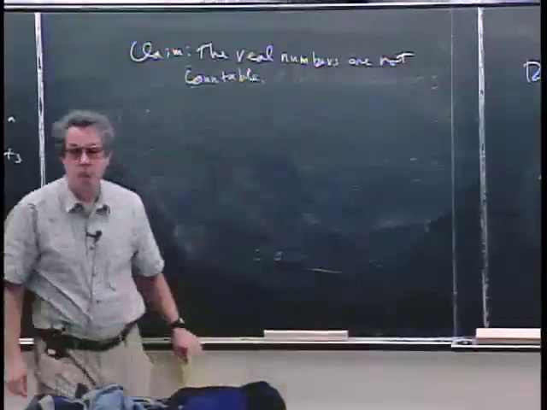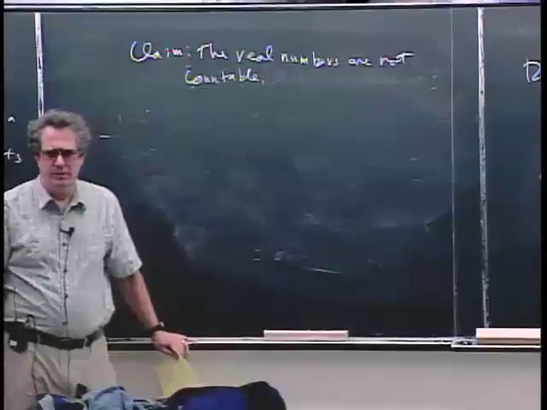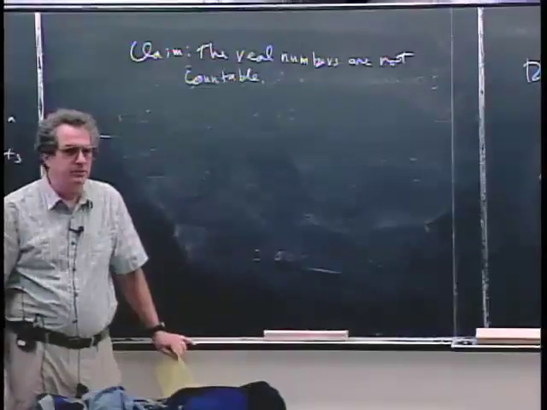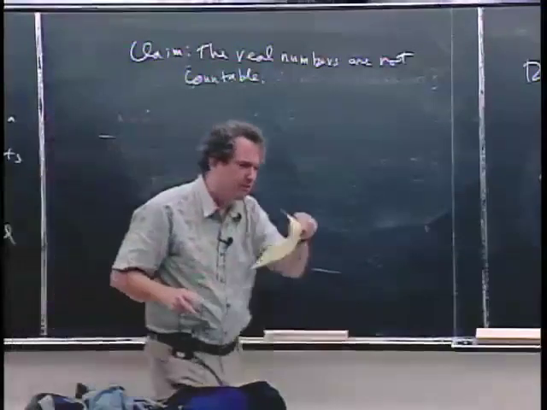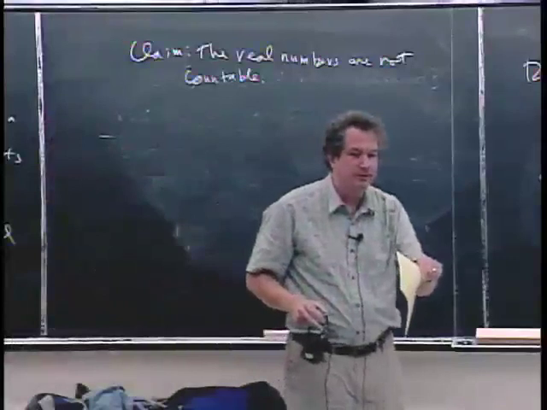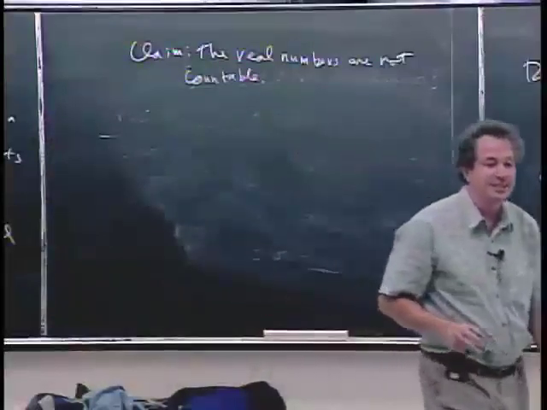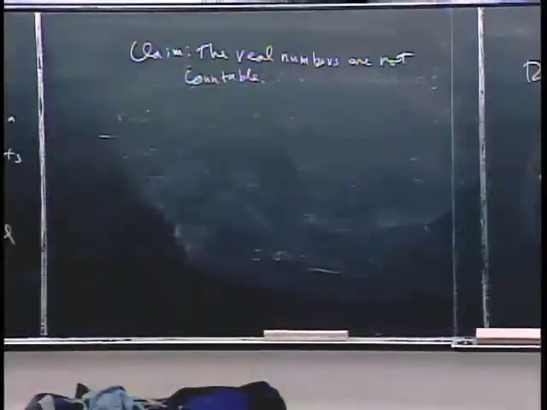So what are the real numbers anyway? How do they differ from the rationals? They include the irrationals. That's true, rational plus irrational.